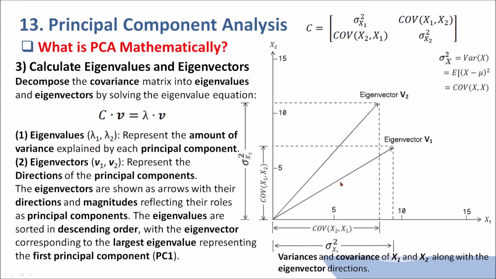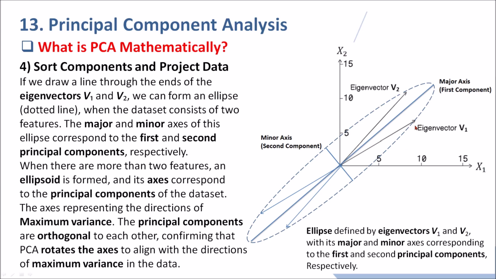I repeat again, the first eigenvector is defined by the variance of x1 and the covariance of x1 and x2, and the second eigenvector is defined by the covariance of x2 with x1 and the variance of x2. Now we know that we have here the endpoints of eigenvector 1 and eigenvector 2.